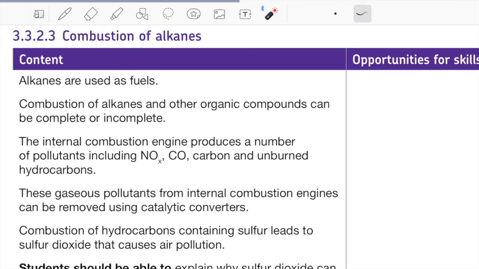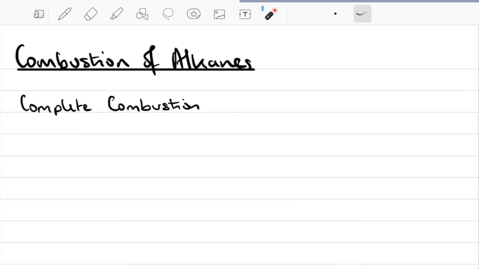The flue gases are the gases that are produced from the reaction. We're going to use either calcium oxide or calcium carbonate to remove that sulfur dioxide. So that's really a new bit compared to what you've done at GCSE. All right, so if we look at the combustion of alkanes, we're going to start with complete combustion.